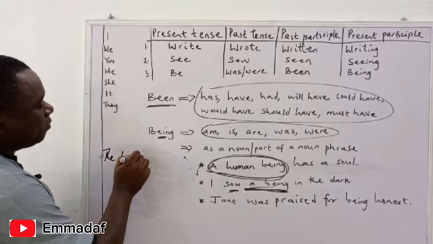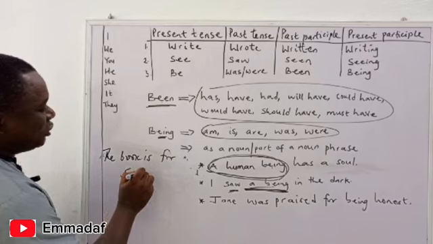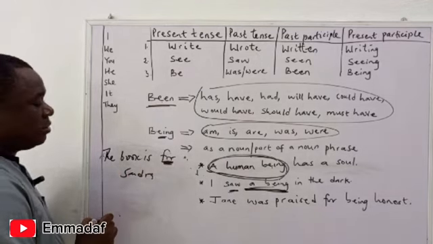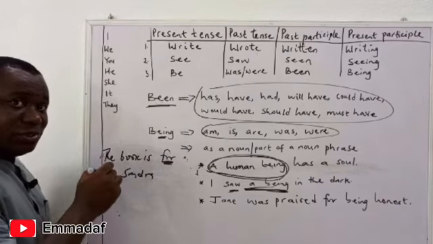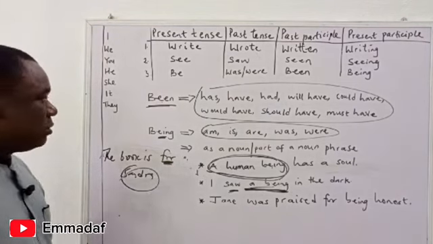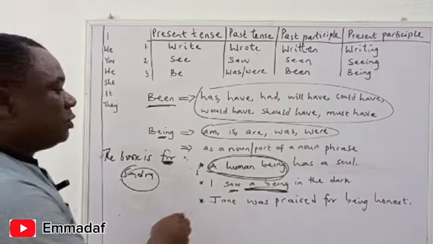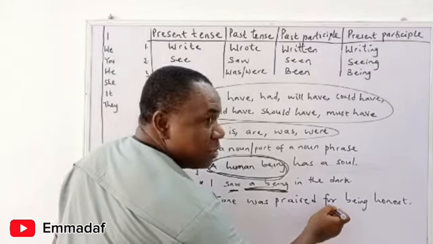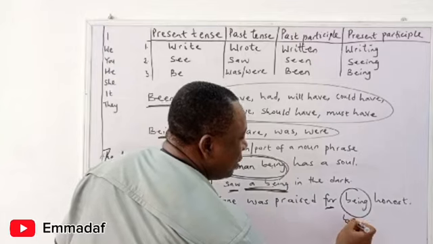The book is for Sandra. This is a preposition. The noun that follows a preposition is the object of that preposition. This is one of the functions of nouns. This also performs that function. Jane was praised for, this is the preposition, being. So it should not be this.